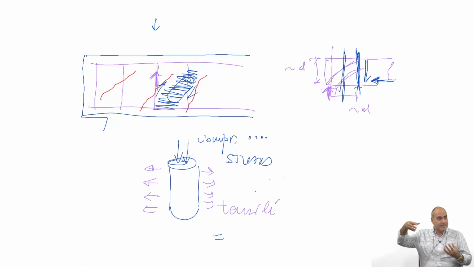So in the strut, in the inclined strut, the concrete is not experiencing a uniaxial state of stress, it is experiencing a multi-axial state of stress. And as we will see tomorrow, multi-axial states of stress, if they are compression, can be beneficial.